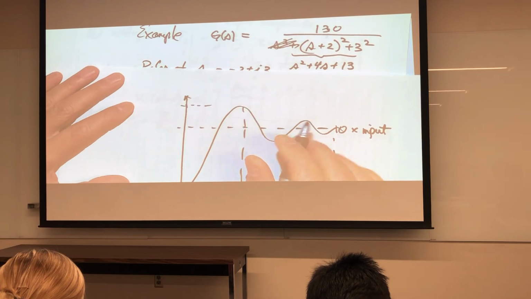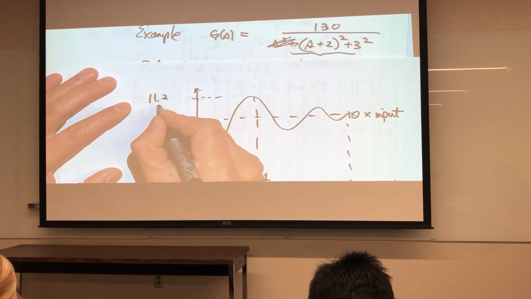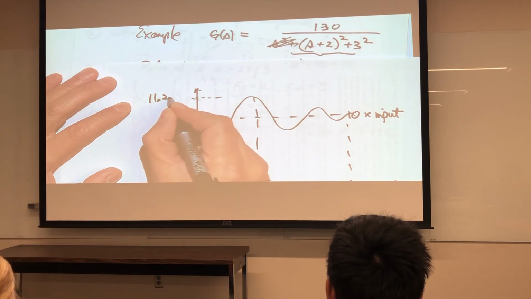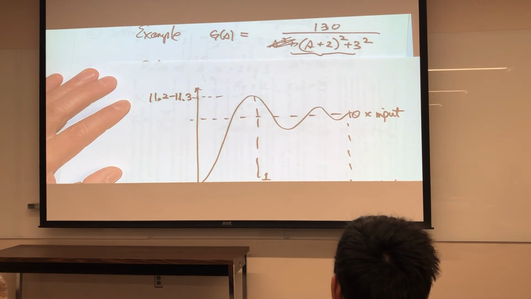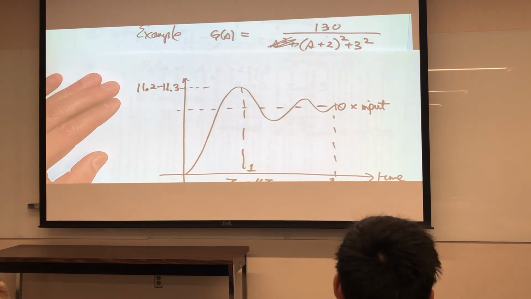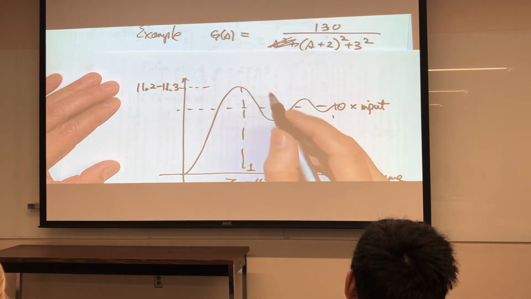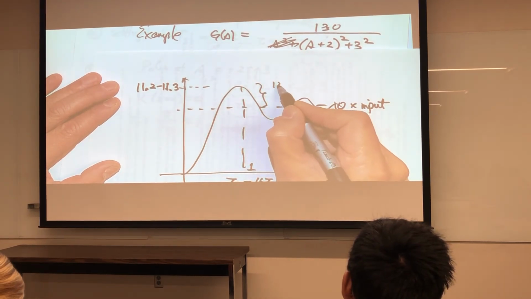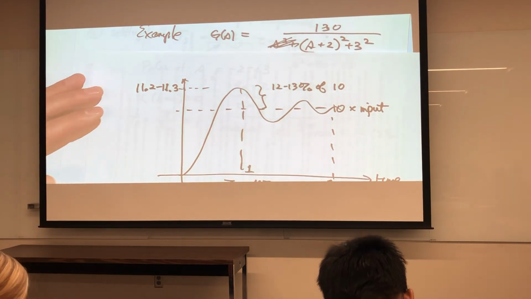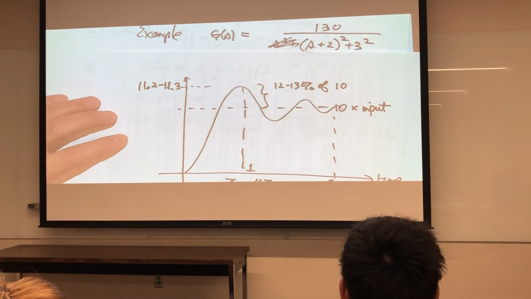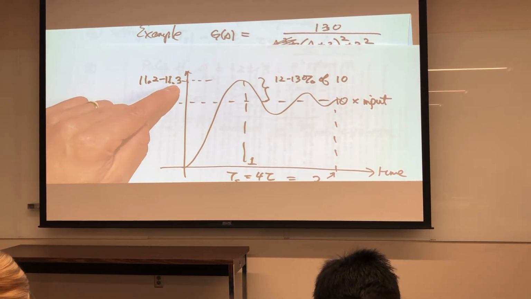So the peak value here is 11.2, say to 11.3, depending on my round off. Okay, not 1.2 or 1.3, that'd be 20 or 30%. It's 12 to 13%. So this is 12 to 13% of 10. So you add it on to 10 and you get 11.2, 11.3-ish.